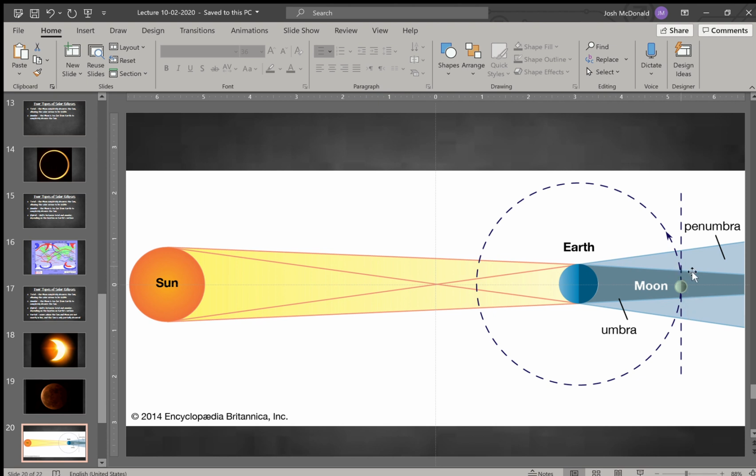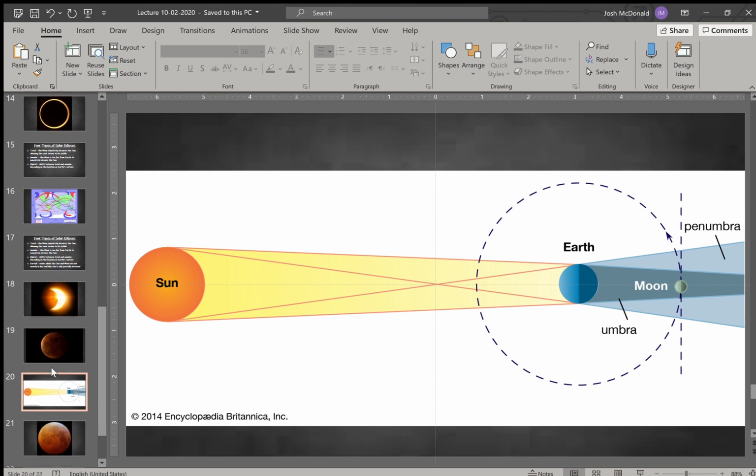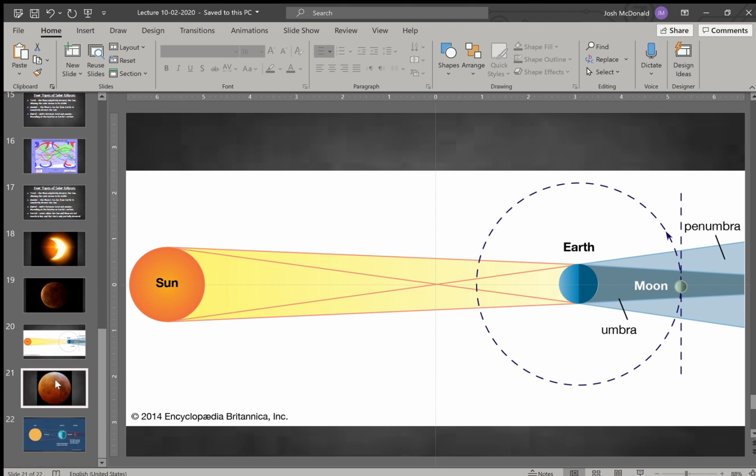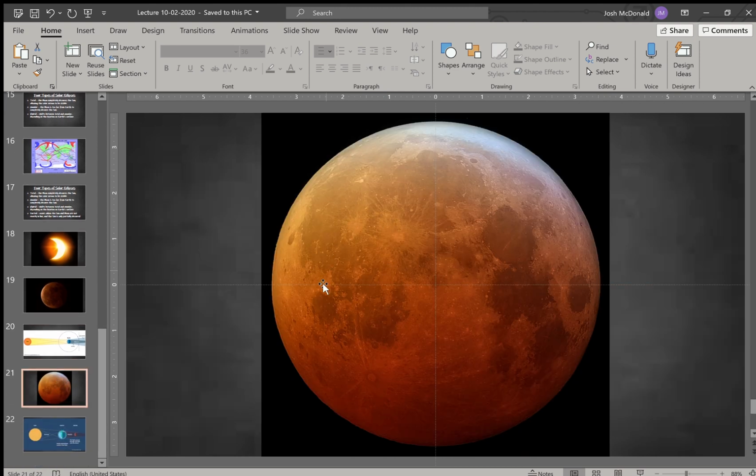So imagine this from a profile view looking on, and you see the shadow as a circle. It would have to pass exactly through this cone of the umbra in order for it to be a full lunar eclipse. Then what happens during a lunar eclipse is we get kind of this reddish hue sometimes, and they call this a blood moon.